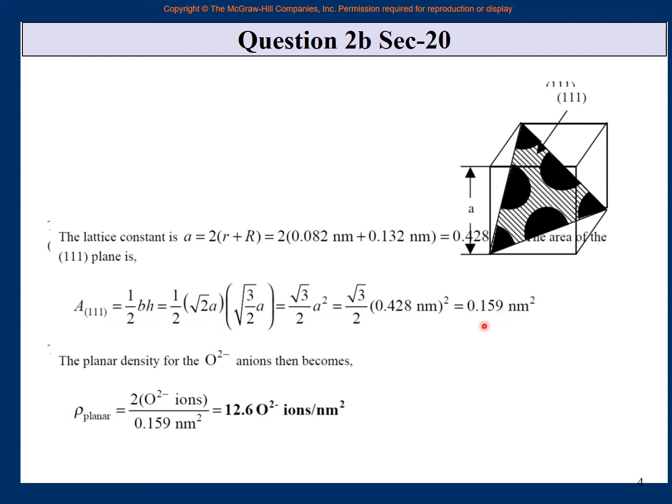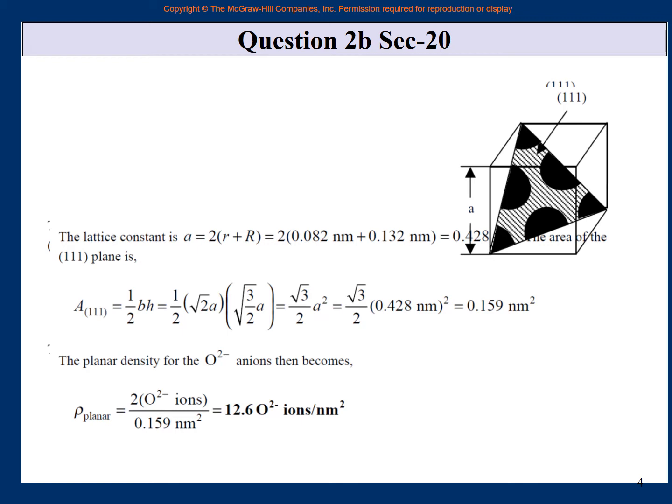By definition, planar density is the number of ions divided by the area of the plane. So equivalent 2 were there and the area is this. So 12.6 ions per nanometer square. This is the unit. We do not need to change here to any centimeter, meter and so on.